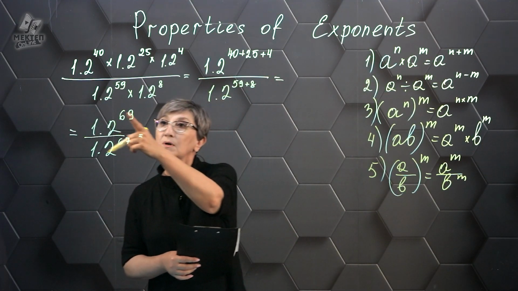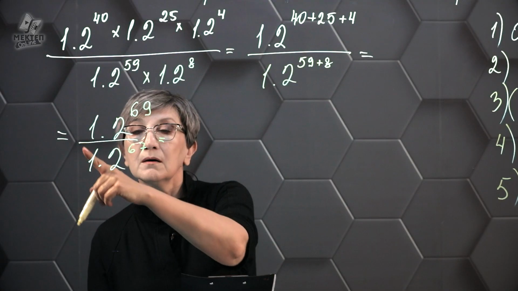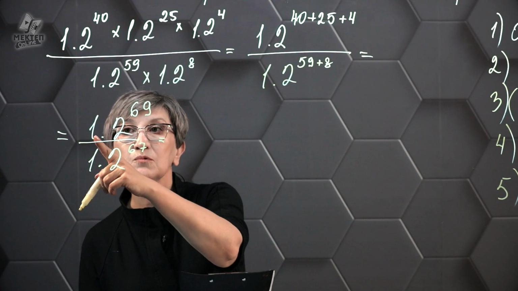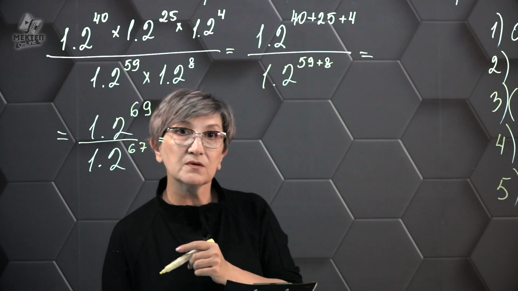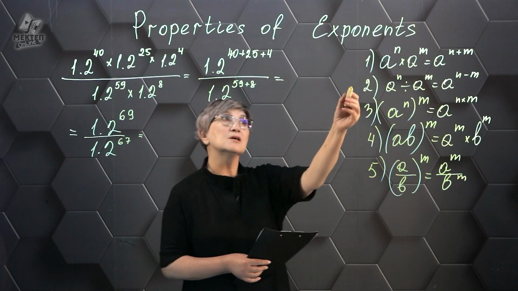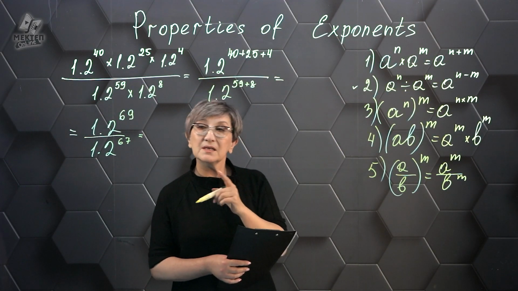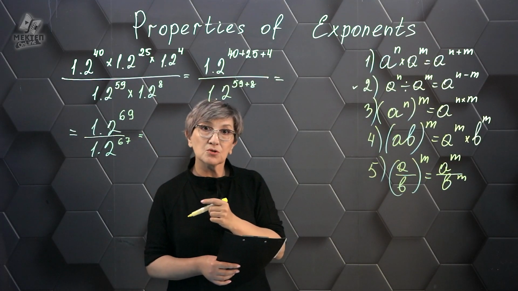Notice, we've simplified our expression, but in our last step, we need to divide 1.2 to the power of 69 by 1.2 to the power of 67. We can apply our second property even though this action is written with a fraction bar.